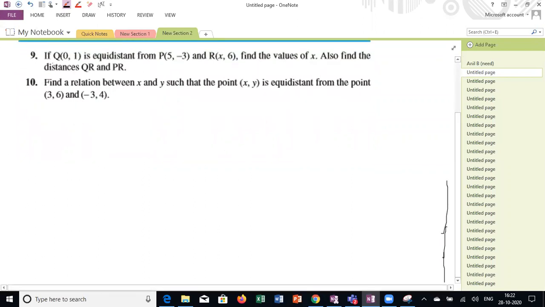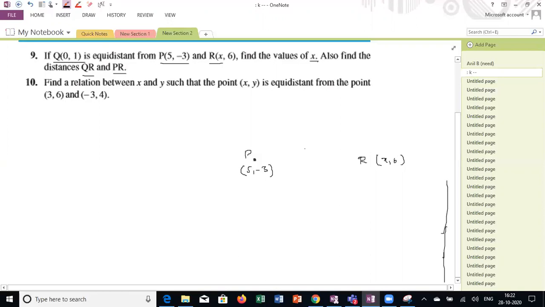If Q is equidistant from P and R, find the value of x. Also find the distances QR and PR. Suppose P is the point (5, -3), and R is the point (x, 6).